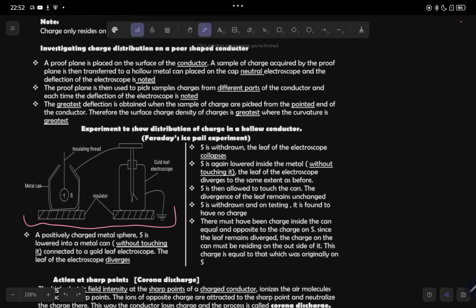Now, there must have been a charge inside the can equal but opposite to the charge on the sphere, as I have talked about. Since the leaf remained diverged, the charge on the can now is residing on the outside of the can, and this charge is equal to that which was originally on the metal sphere S.